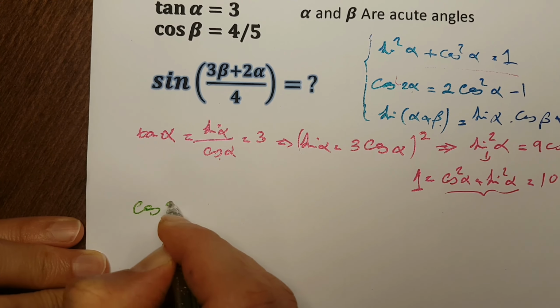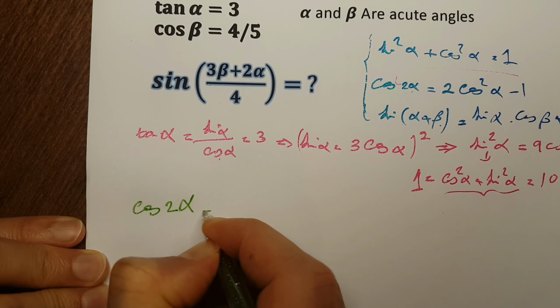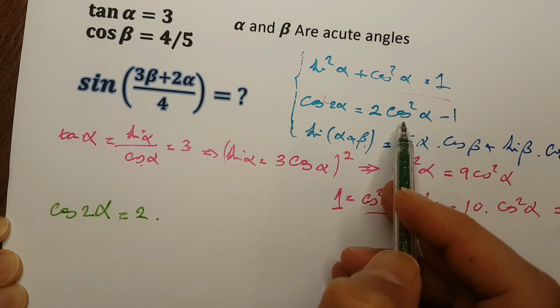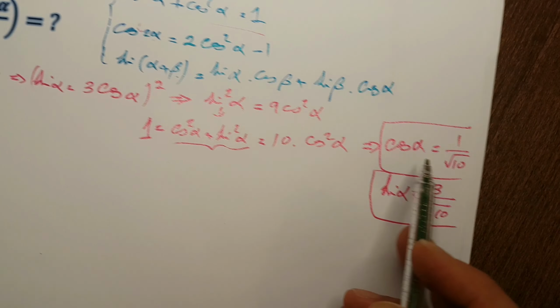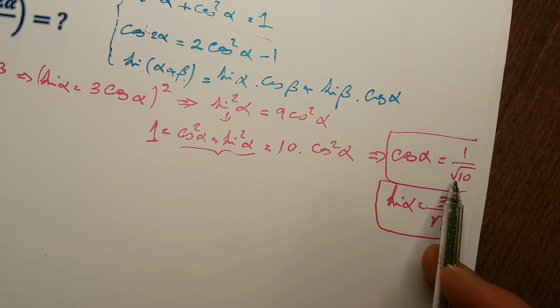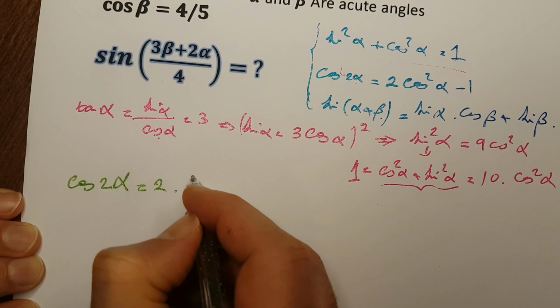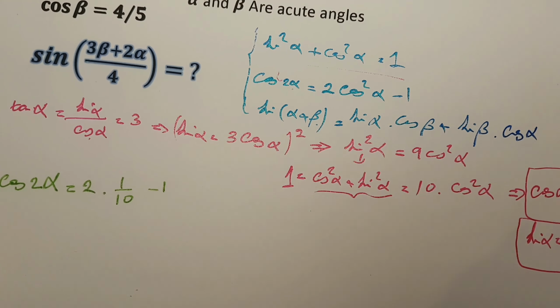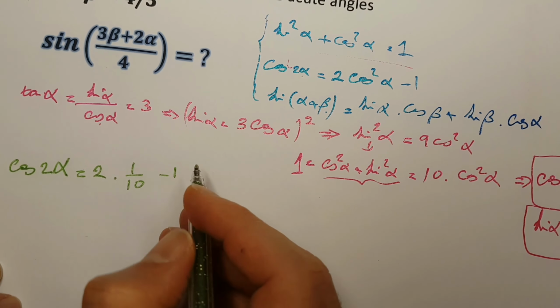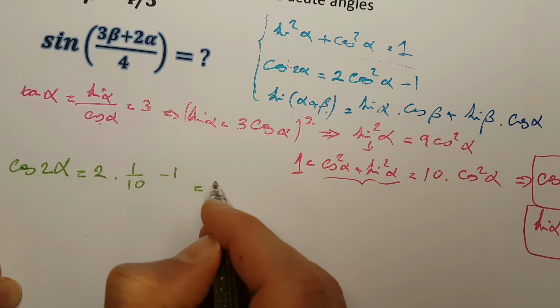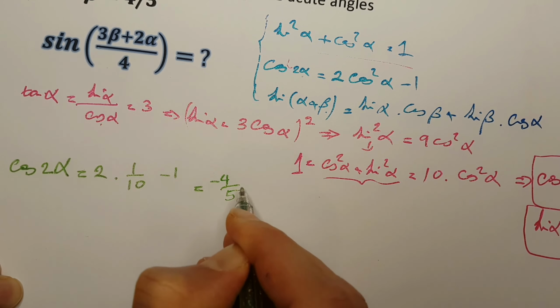Cosine of 2 alpha will be equal to 2 times cosine squared of alpha, but we know that cosine squared of alpha is 1 over 10. So 2 times 1 over 10 minus 1 from this relation. Then cosine of 2 alpha will be equal to minus 4 over 5.